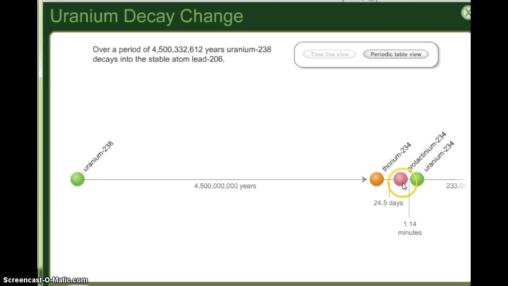Once it's thorium, it takes like 24 days to turn into protactinium. It only takes a minute to turn into uranium-234. So it started out as uranium-238, and now it's going to turn into uranium-234.